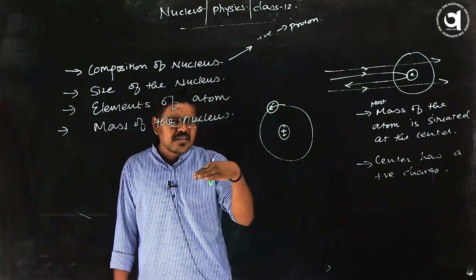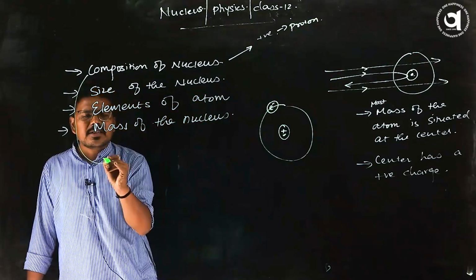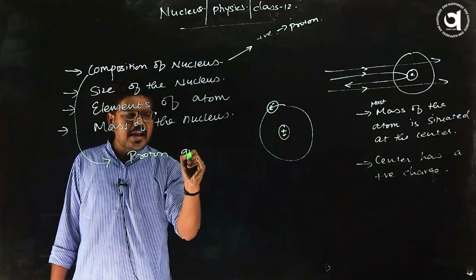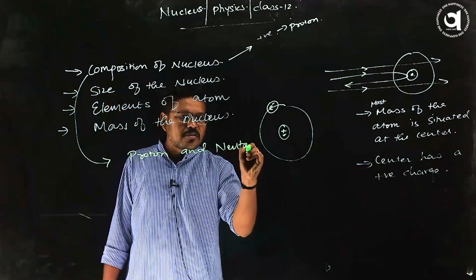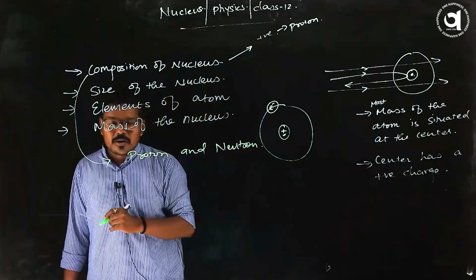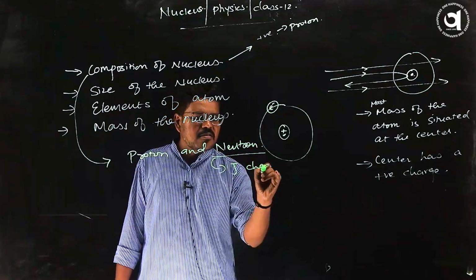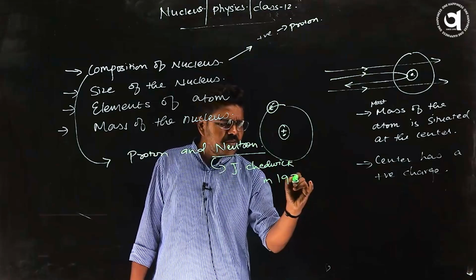How that difference came, we will see. So composition of the nucleus: there are protons and another particle, that is the neutron. The neutron was found by J. Chadwick in 1932.